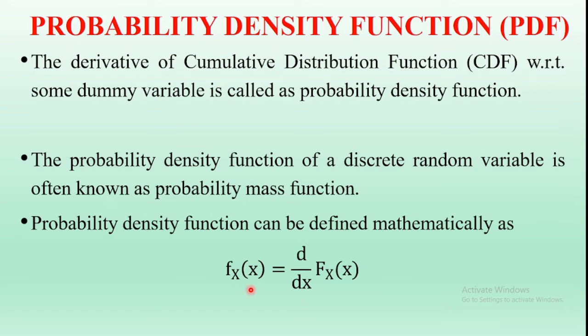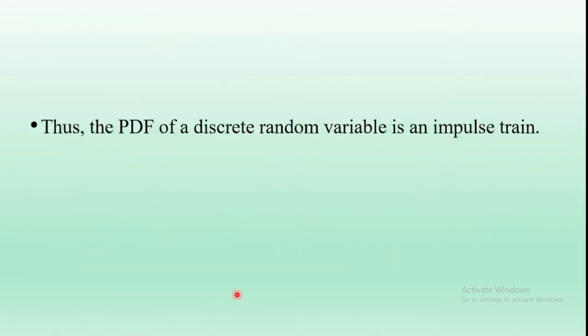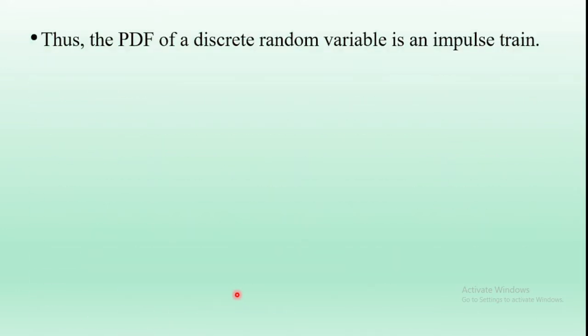The derivative of the distribution function is equal to the probability density function. This is the mathematical definition of the probability density function. Thus, the probability density function of a discrete random variable is an impulse function.